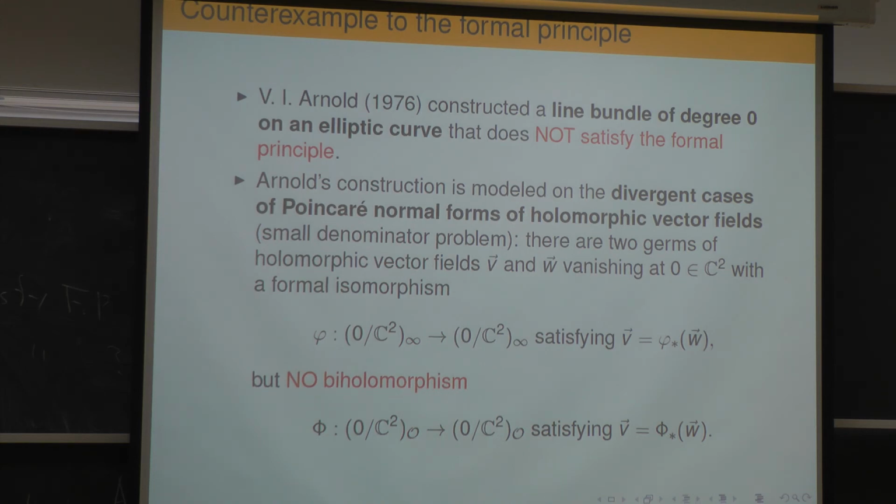You cannot find any convergent solution. So Arnold modified this example in the setting of a neighborhood of an elliptic curve and produced this counterexample to the formal principle. So the problem is very delicate. Even in the case of a curve in a surface, the problem is not easy.